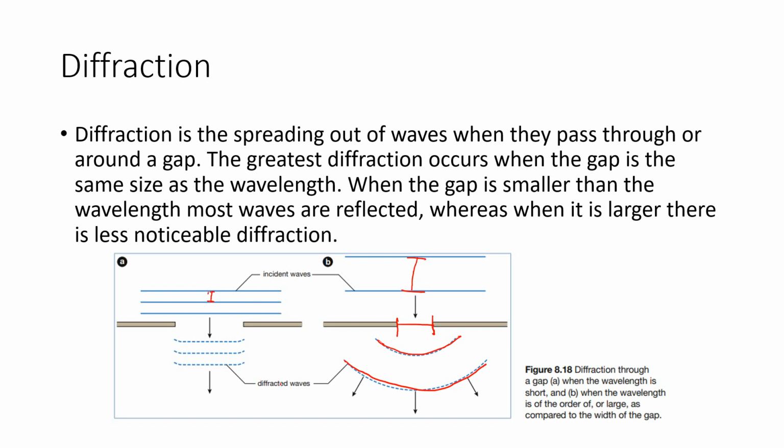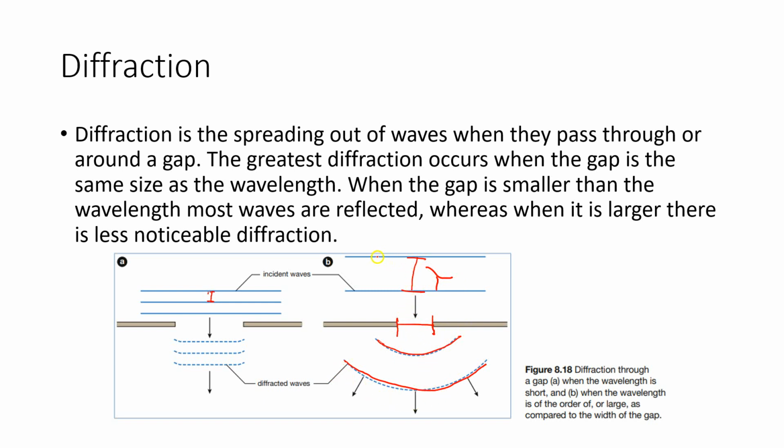If the gap is too small, then the waves will be reflected back. But whenever the wavelength, which we know is lambda, is pretty much the same length as the gap, then the waves are going to spread out in a circular pattern. So that's what we call diffraction.